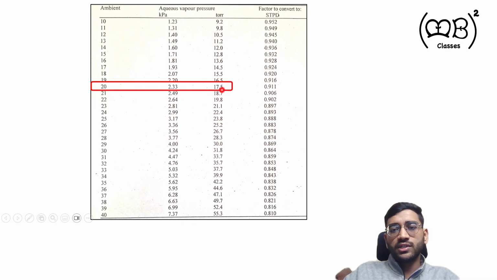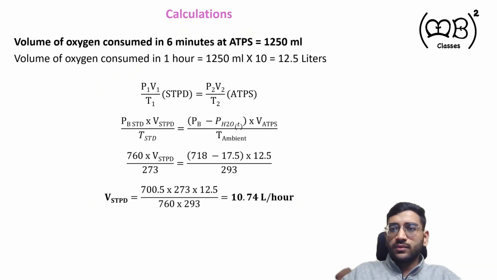So it gives me 17.5 millimeter of Hg of water vapor pressure, aqueous vapor pressure. We can also use this chart directly to calculate ATPS to STPD conversion by using these factors, but it's not recommended.